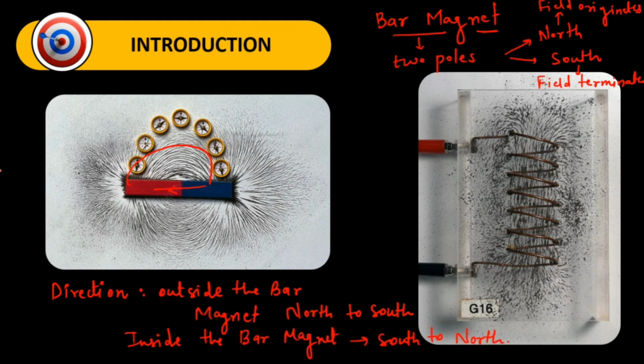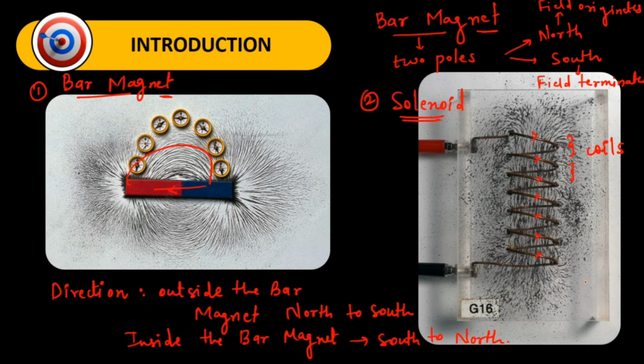So there are two images. One is representing a bar magnet, and the other is representing a solenoid. Solenoid is a configuration in which a conductor is arranged in such a way that it forms various coils. Through these coils, current passes, and because of that current, we observe that there is some magnetic field.